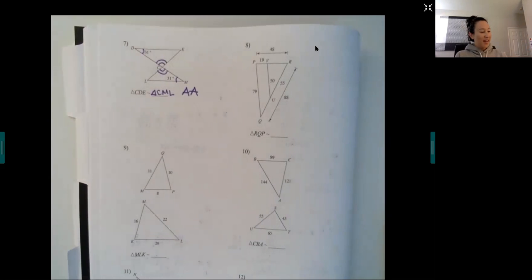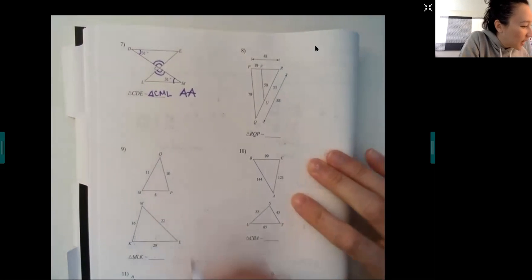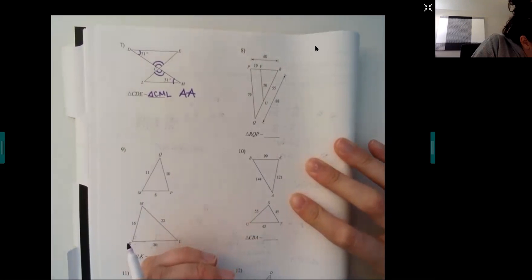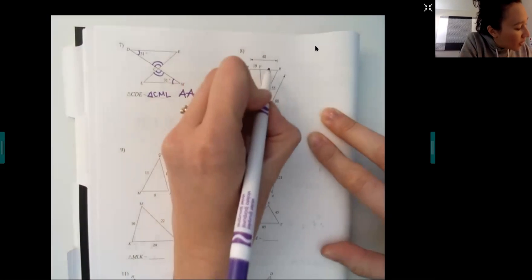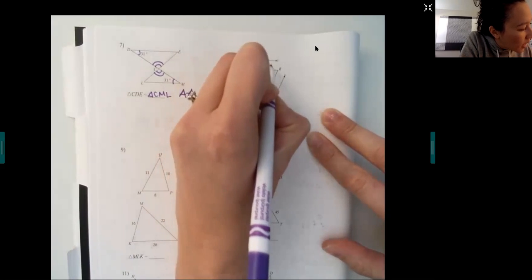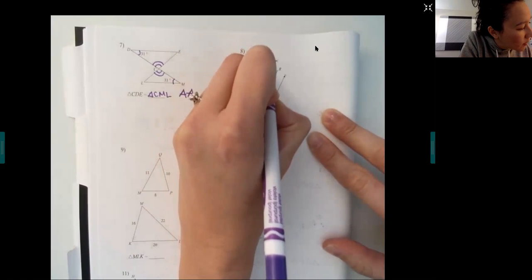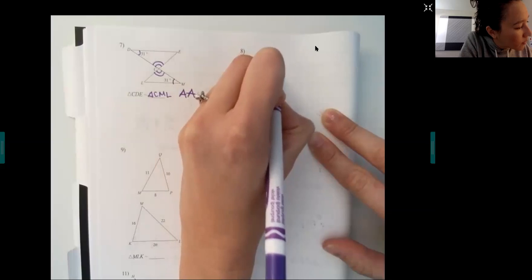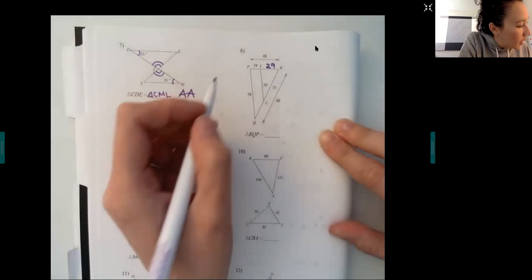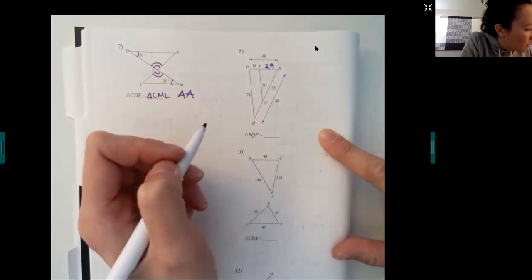And I know number 8 is scary looking. Okay, so let's see. We're going to have to figure out this side again, it looks like. So 19, this would be 29. So we're looking for side, because they've given us all the sides.